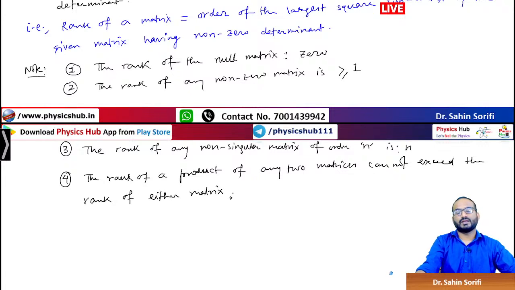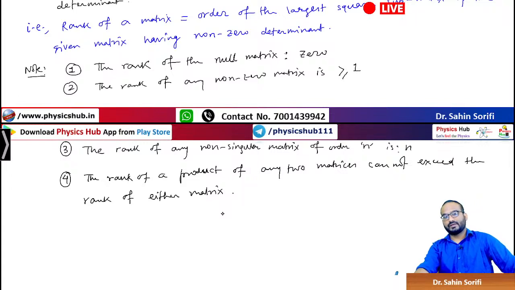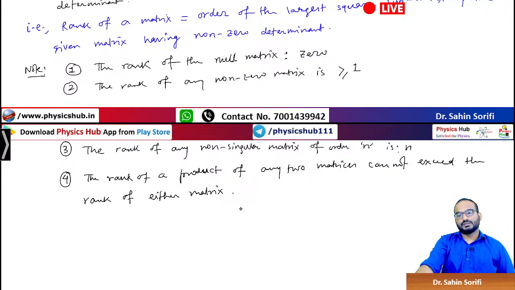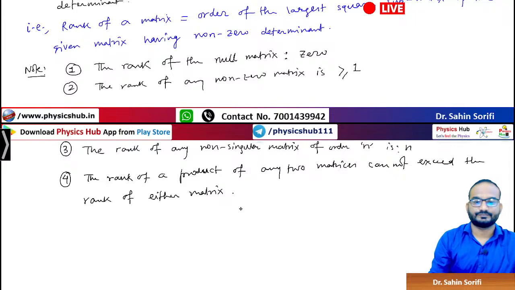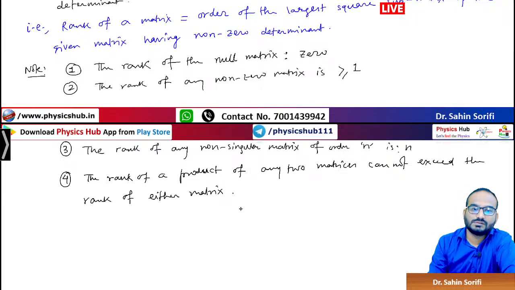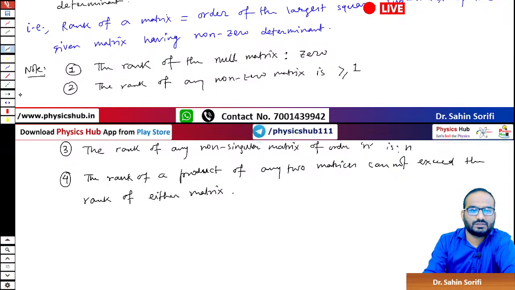Let's say you are multiplying two matrices, one of rank 2 and another of rank 2, so the product cannot have more than rank 2. I hope you have understood about the rank. Let's take some examples so that you understand it better.